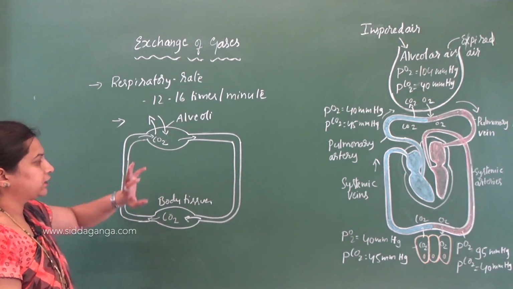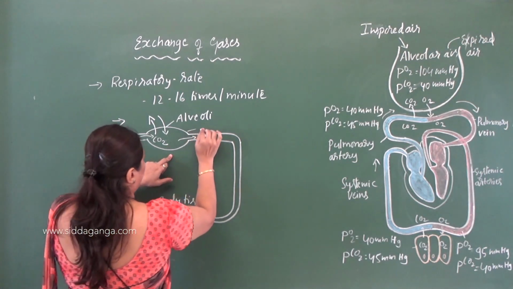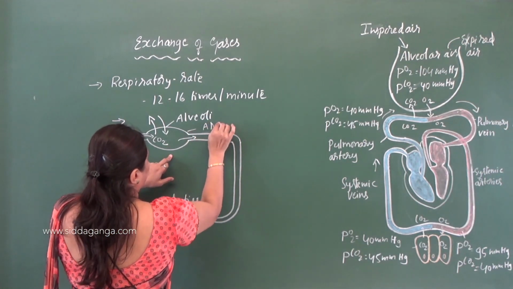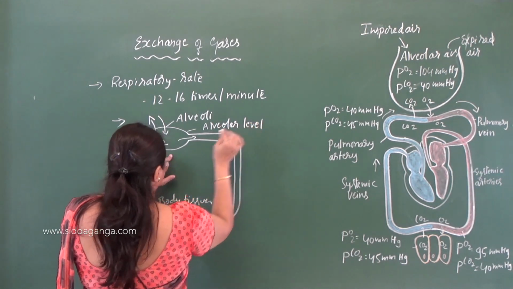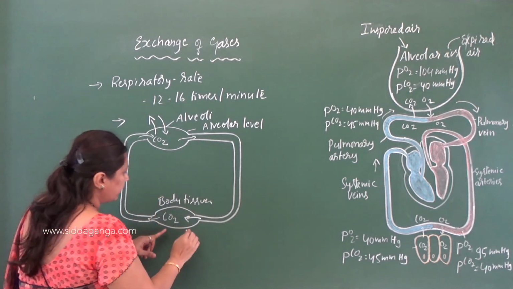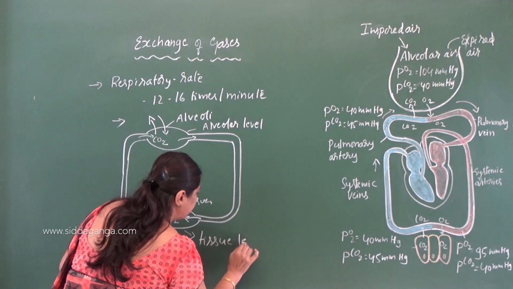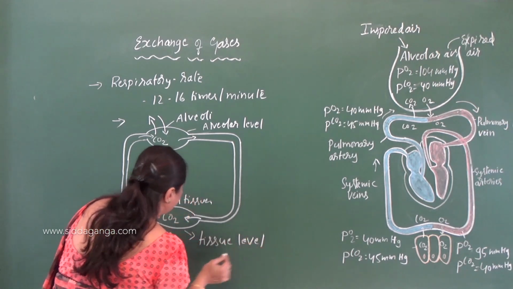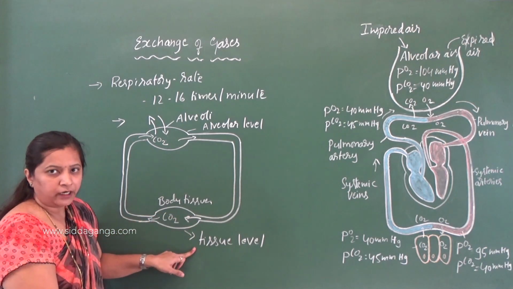Okay. So the exchange of gases takes place at 2 levels. One is at the alveolar level, that is, exchange takes place between the alveoli and the blood, and another is at the tissue level, where the gaseous exchange takes place between the blood and the body tissues.